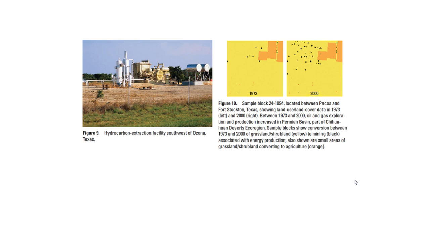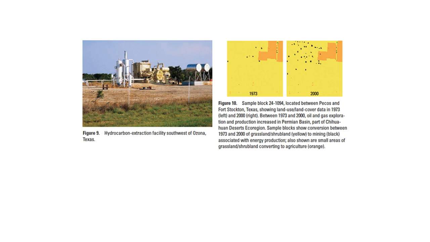On the left-hand side here, this is a fracking pad, and fracking pads are many acres in size, and they are large enough to be noticed within Landsat imagery. So on the left-hand side, we see 1973, and we just see a few of those pads in black. In 2000, we can see that huge growth of those pads, and the Landsat imagery can pick up on something that size.